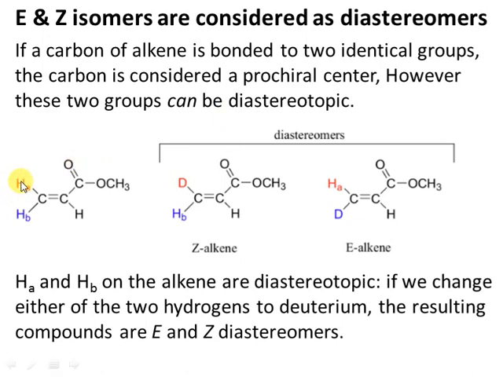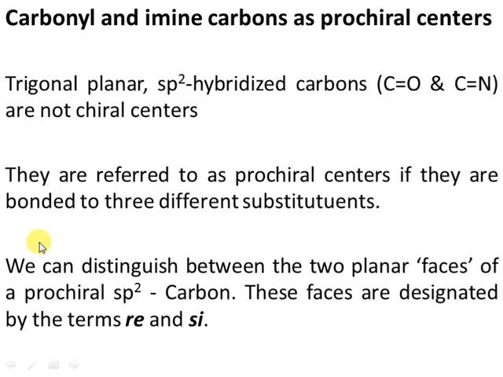So by replacement of this hydrogen by deuterium, we get the Z isomer and the E isomer. So these are diastereomers, and these two hydrogens are considered as diastereotopic hydrogens, right?